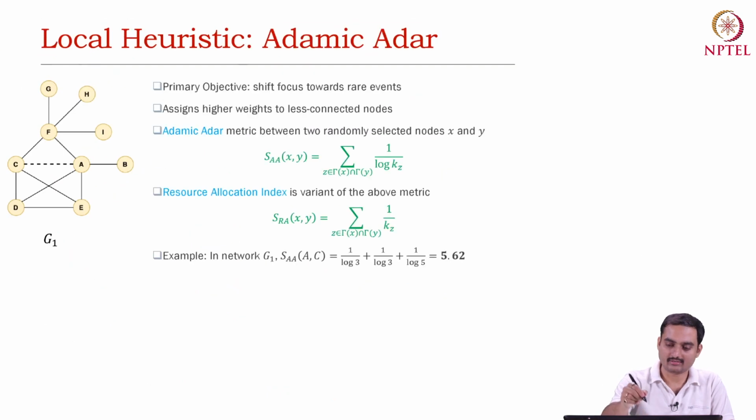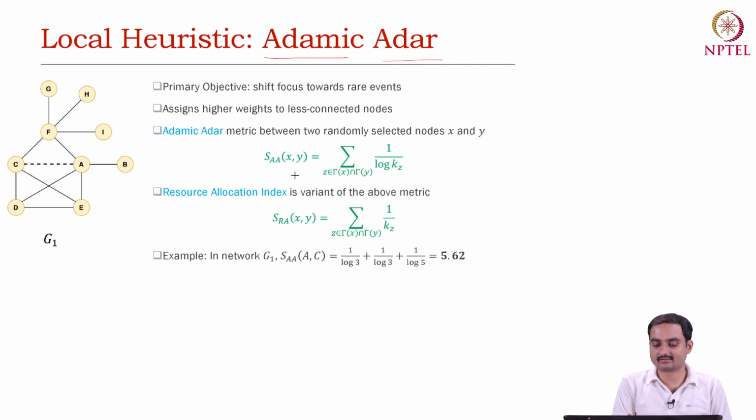All right. Now let us look at a very important metric. This has been used as a baseline for quite some time, although it was proposed a long time back. This is called Adamic-Adar distance or Adamic-Adar similarity. Two researchers, Lada Adamic and Adar, proposed this metric.